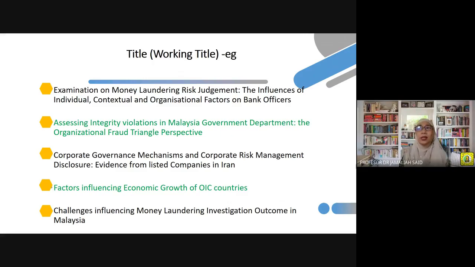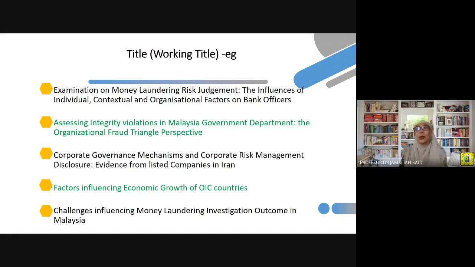Coincidentally, this is my student, so I know. The organizational fraud triangle perspective says there are three factors that contribute to organizational fraud. The three factors are culture, leadership, and control.